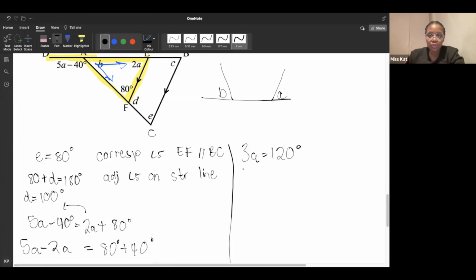Then we're going to divide by 3 both sides, then cancel the 3. Therefore, A is equal to 40 degrees. Nice.